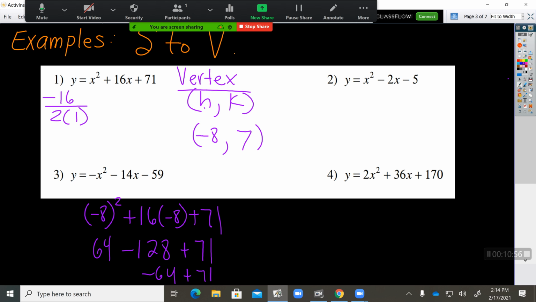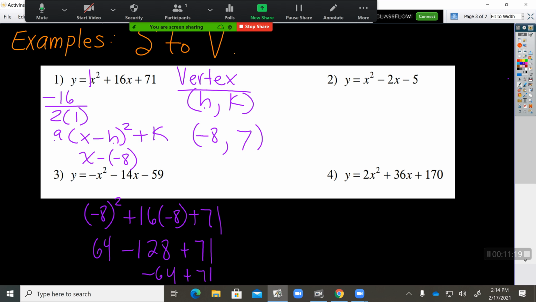Now that we have the vertex, we're ready to set it up. A parentheses x minus h squared plus k. We're replacing a with 1, which we don't have to write. We're replacing h with negative 8. But what happens when you put negative 8 next to another minus sign?